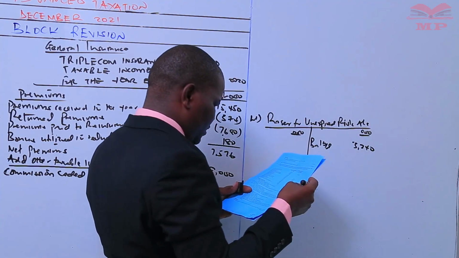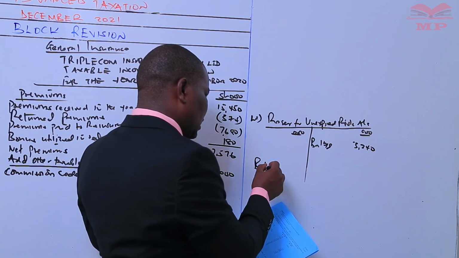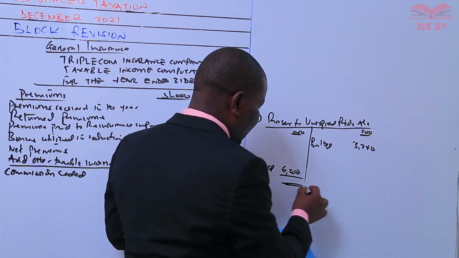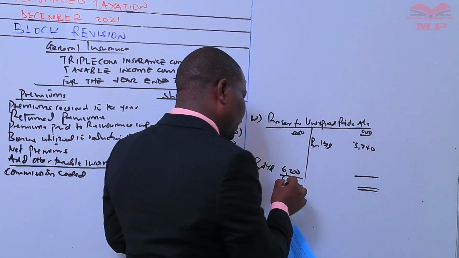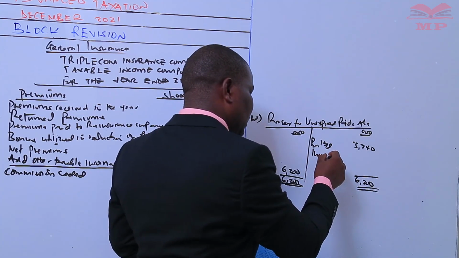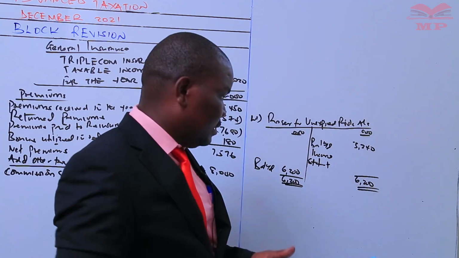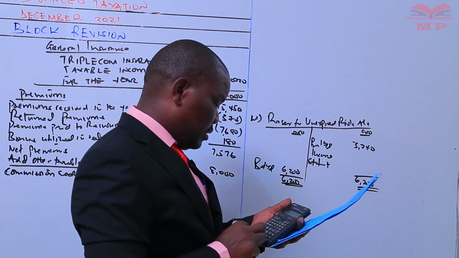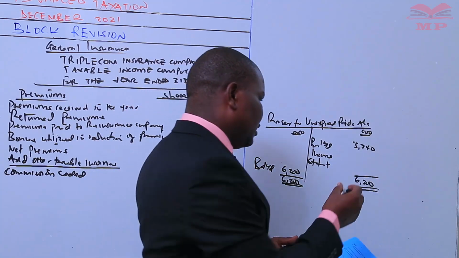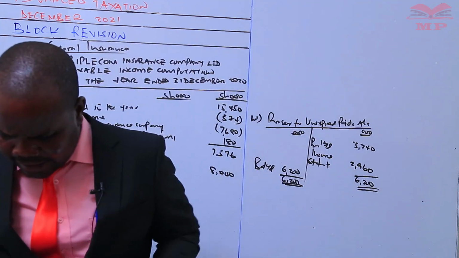Then we have balance carried down of 6.2 million shillings. We balance off the account. This is 6.2 million. It means there was an increase which went to the income statement as an expense. So we get that increase: 6,200 minus 3,240, which is 2,960. So that 2,960 will be an allowable expense. We don't bring it here as an income.